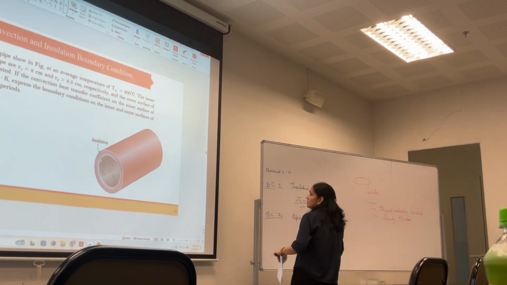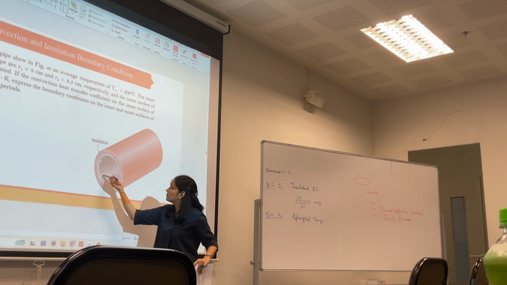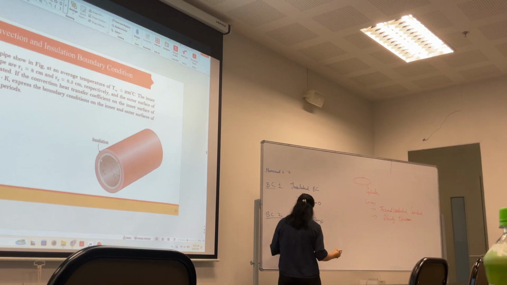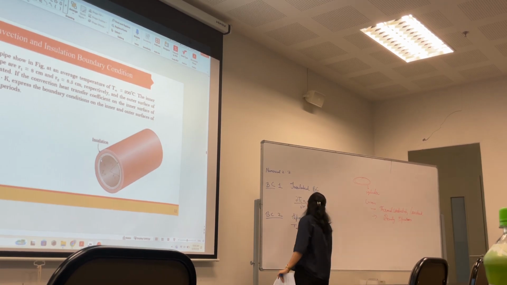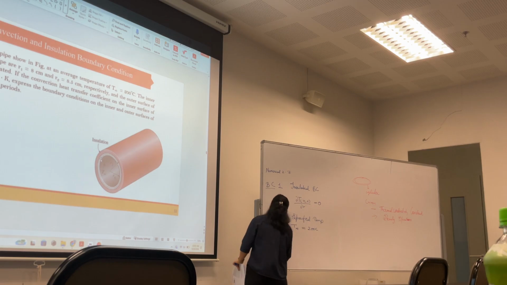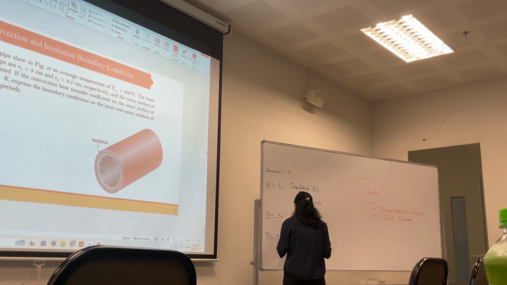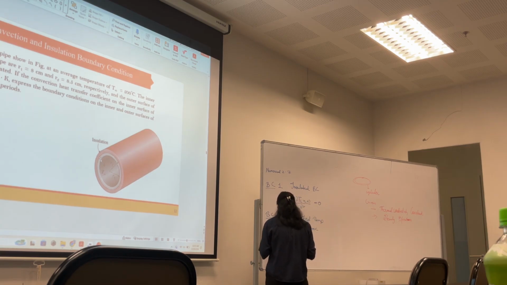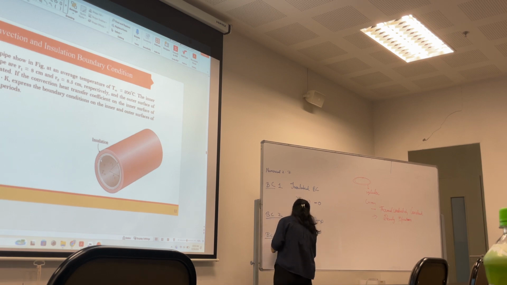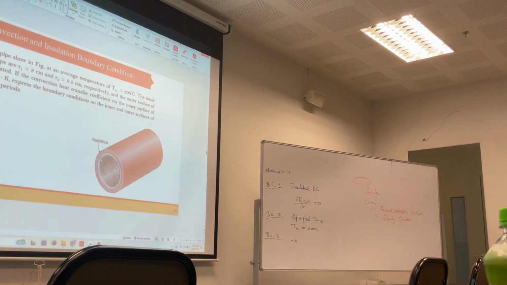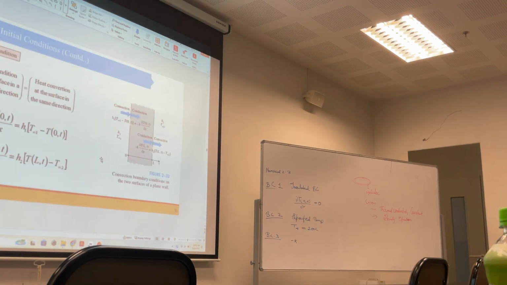So one temperature is given, T infinity. This temperature, T infinity. This is the convection boundary condition.